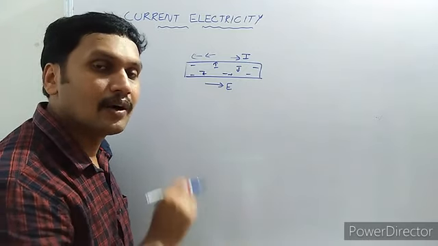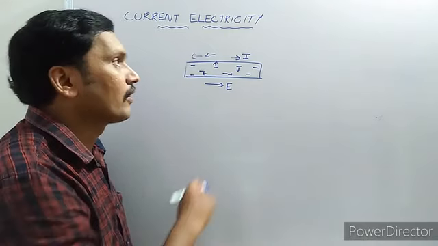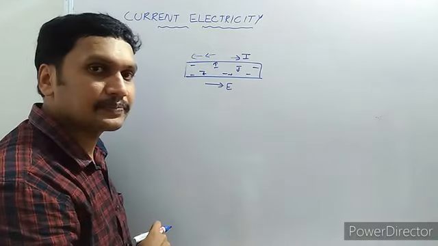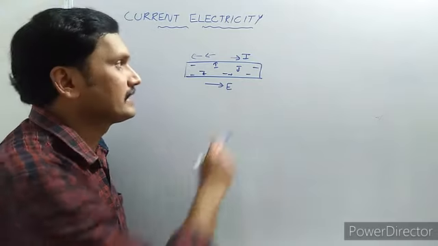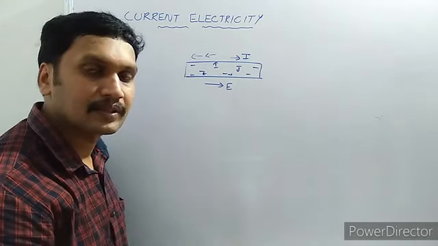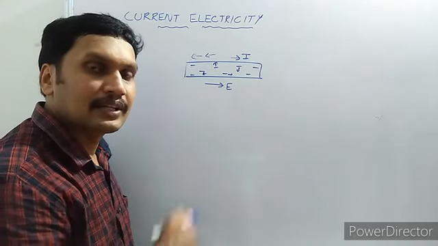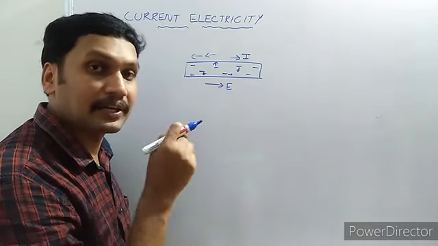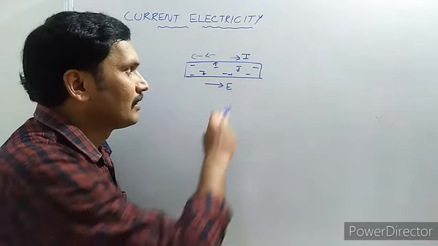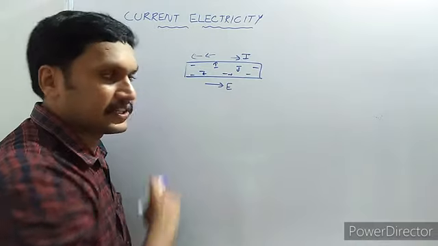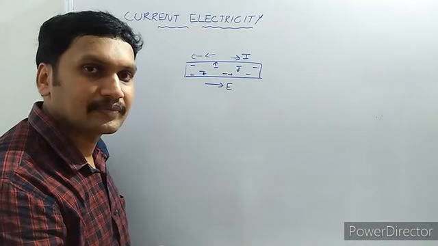This is the direction of current. Now the current has both magnitude and direction.